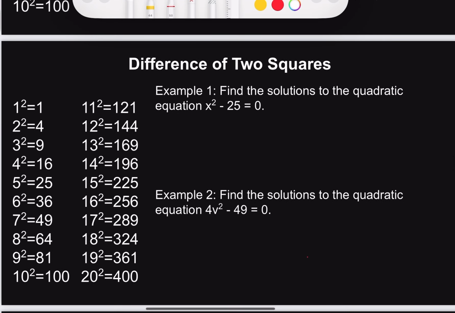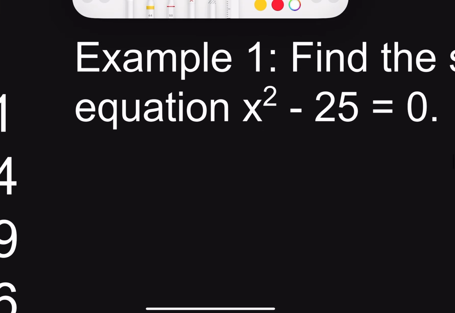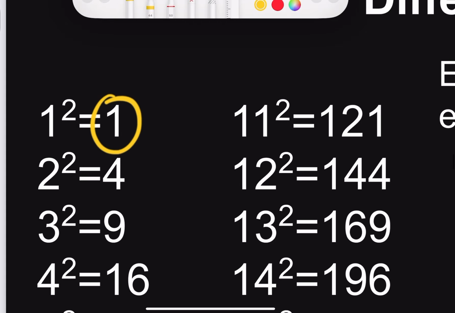Now, example 1, find the solutions to the quadratic equation x squared minus 25 equals 0. Well, there's an invisible 1 in front of x squared. We can put the invisible 1 right here if you want. And we know that 1 is a perfect square because it's right there.